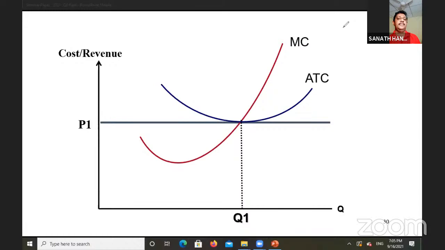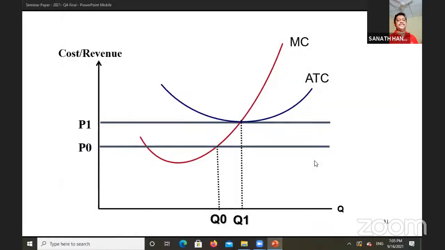Right, here you can see when the firm earns normal profit, the production is efficient. We look at another kind of profit. Look, the price of this product comes down to P0. Now the price is less. Price is P0. Now the profit maximizing output level is here. This is the profit maximizing condition, MC equal MR. Right?